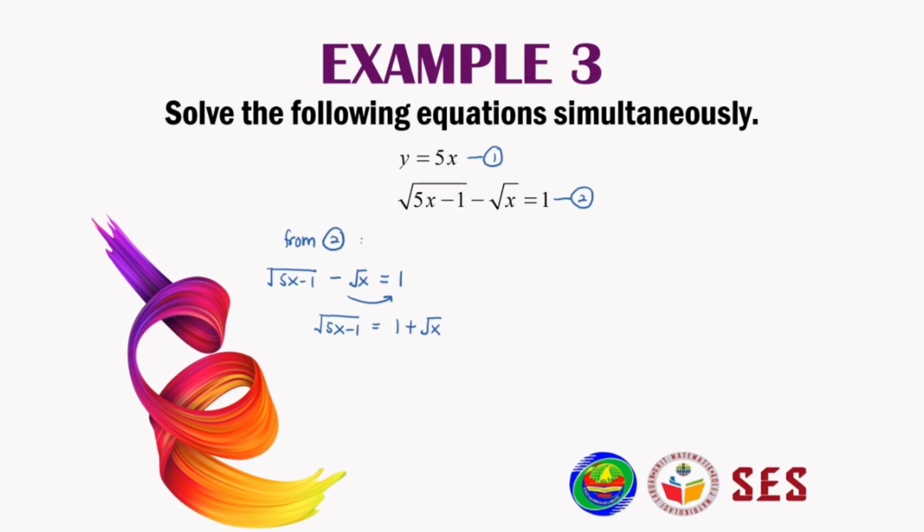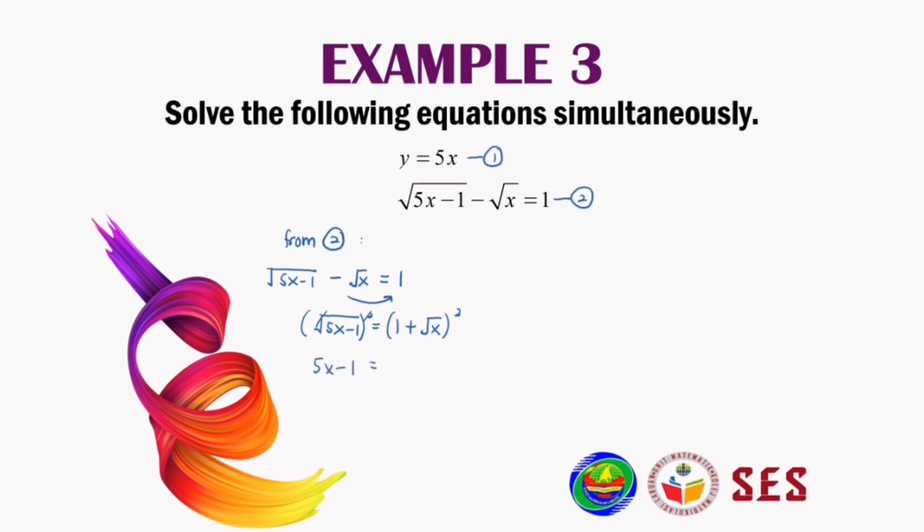Next step, as you learned in chapter 1, we need to square both sides of this equation so that we can remove the square root. For the left hand side, since squared and square root cancel off, we are just left with 5x minus 1.